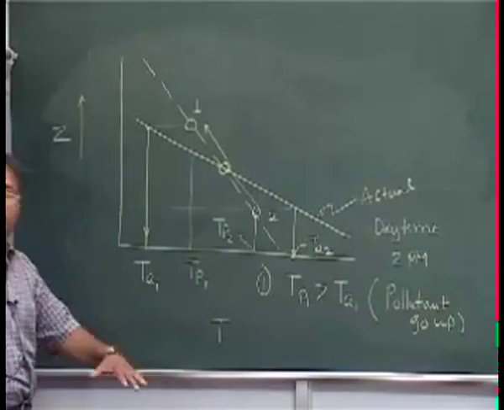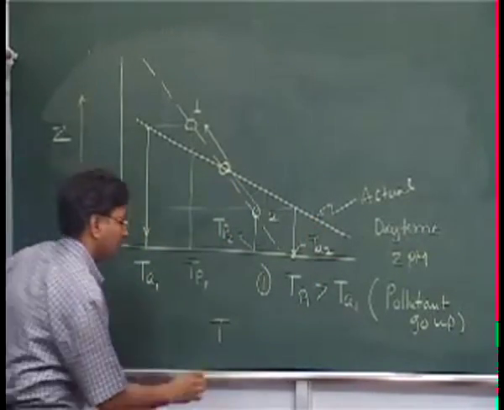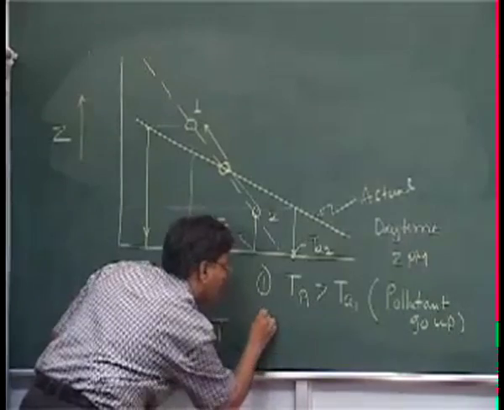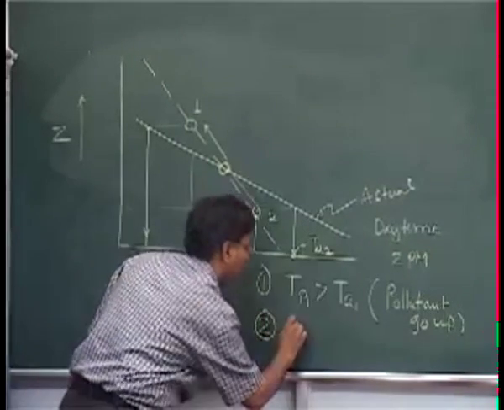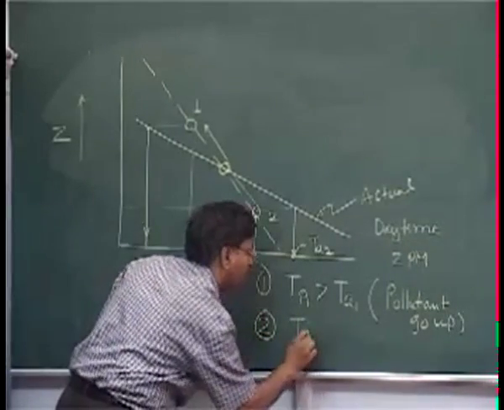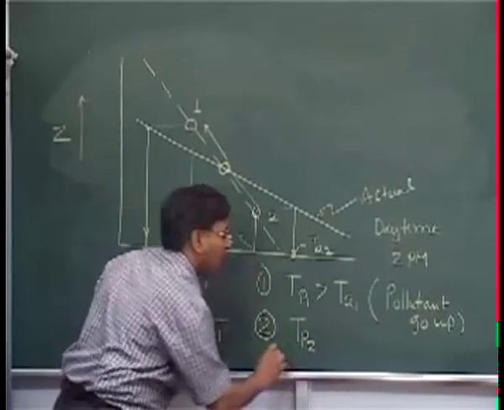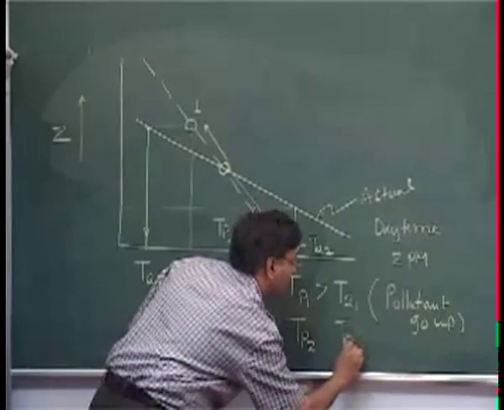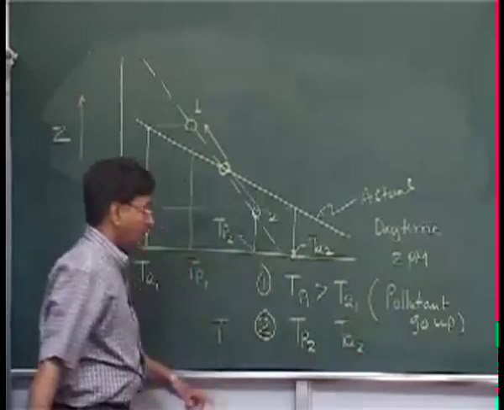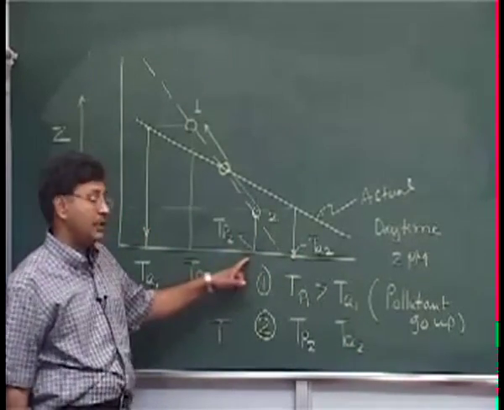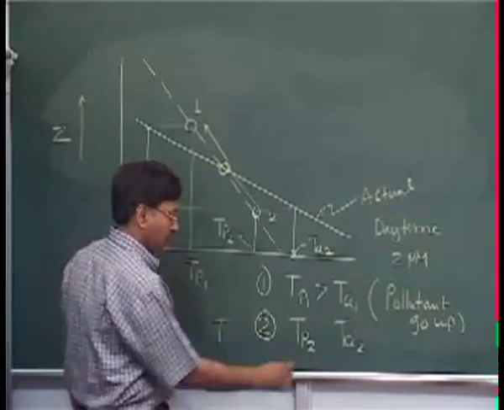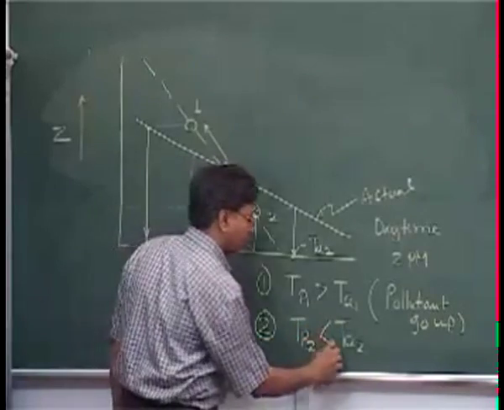Suppose we push the pollutant down. In situation 2, the temperature of the pollutant is less than T of the air. So we make it like this.